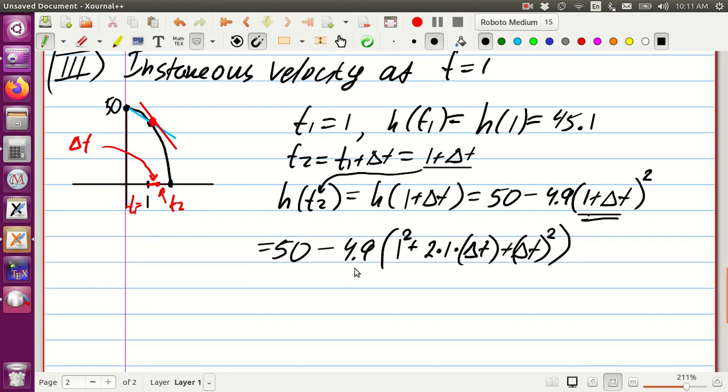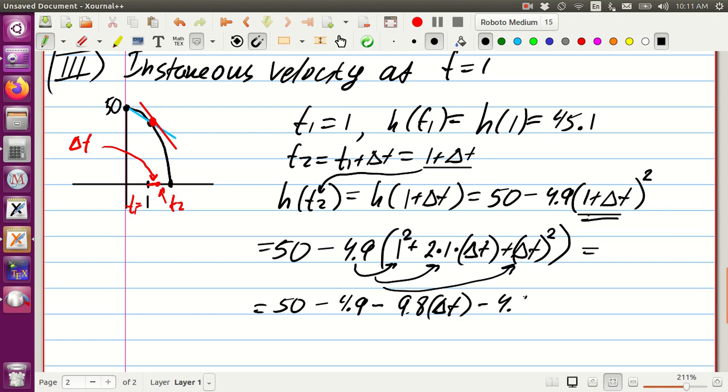And we're going to distribute 4.9 through the expression. So we write 50 minus 4.9 minus 2 times 1 is 2 times 4.9 is 9.8 delta t minus 4.9 delta t quantity squared. Don't forget this minus, minus, and minus because of this minus.